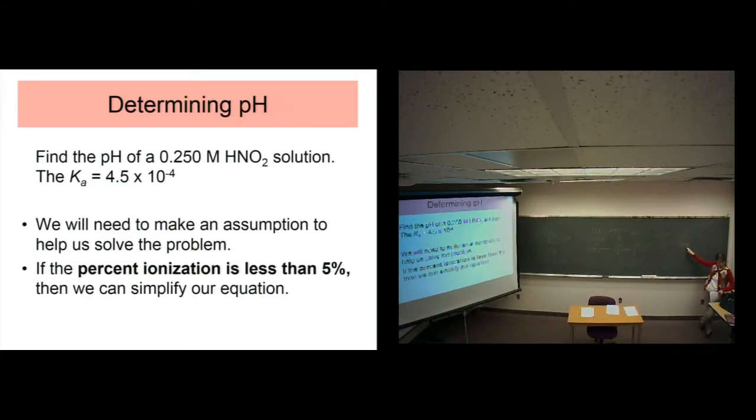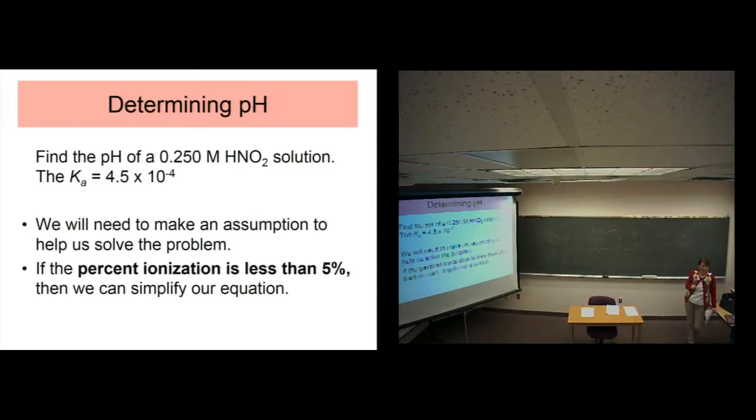Well, to make our lives a tad bit easier, we're going to go with what we call an assumption. We're going to assume that if my percent ionization is less than 5%, then this 0.250 minus X is just 0.250. If the percent ionization is very small, that means this X is teeny tiny.